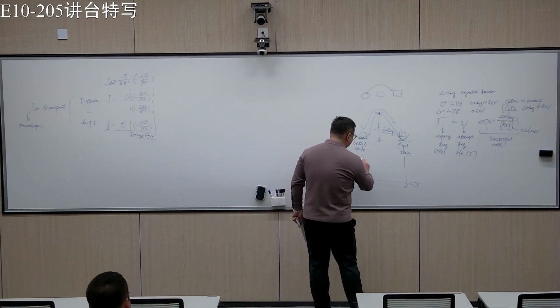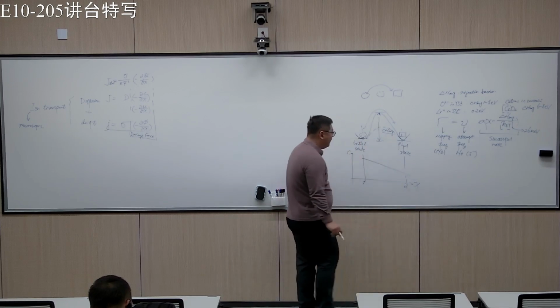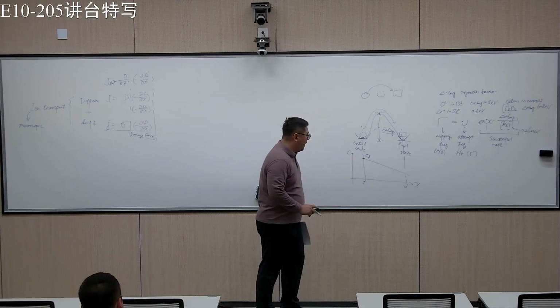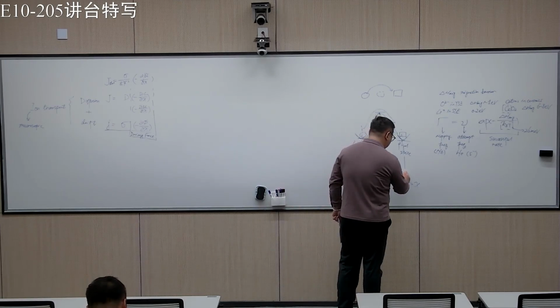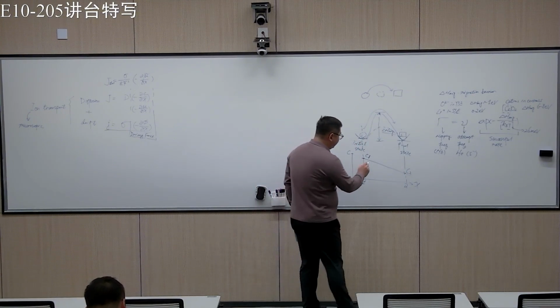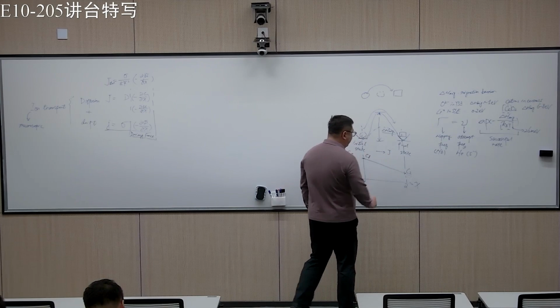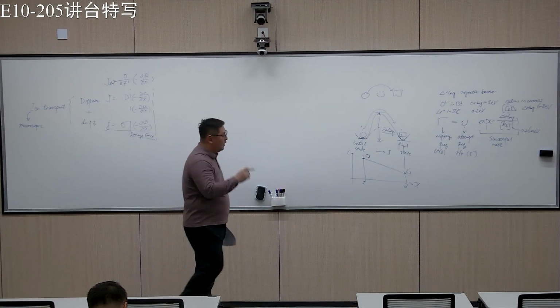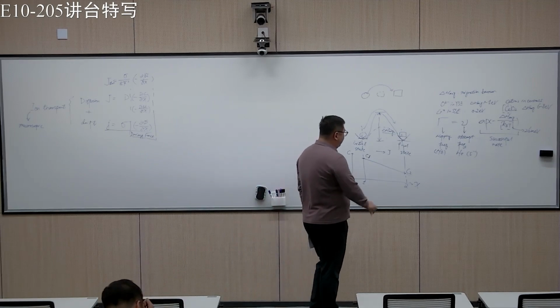So we have different concentrations. For example, here we have concentration C1, and here we have concentration C2. Of course, diffusion is happening this way, and we have J, which should be a net flux. So how do we evaluate J?